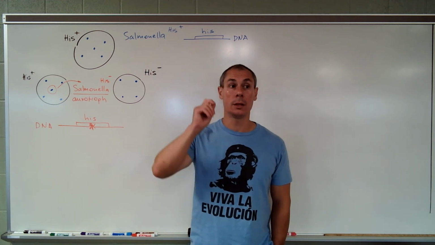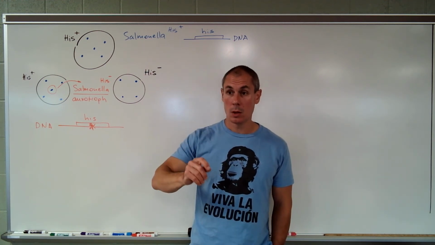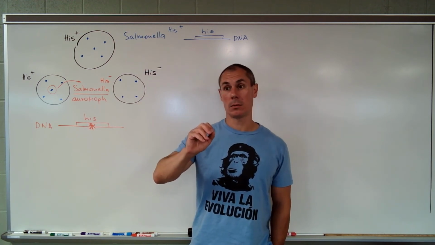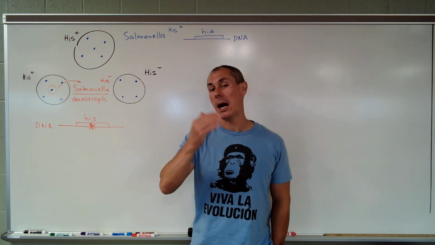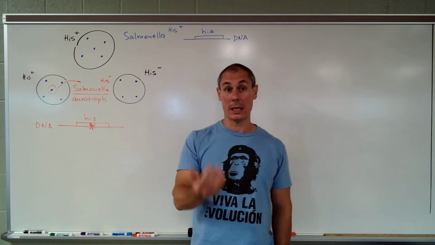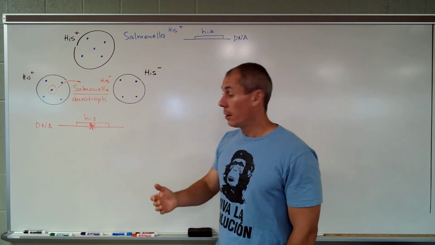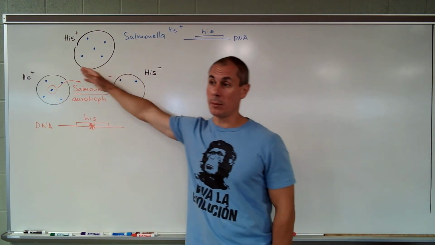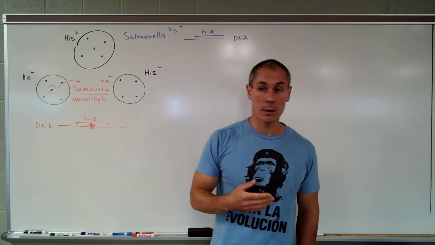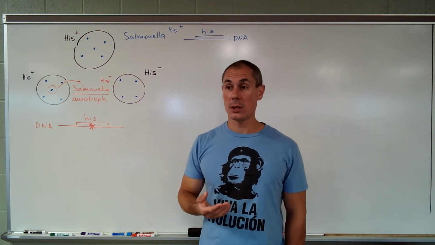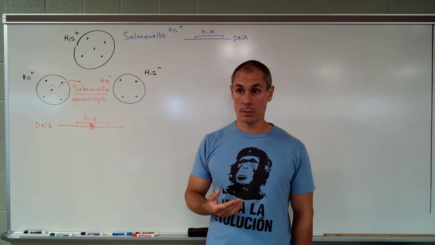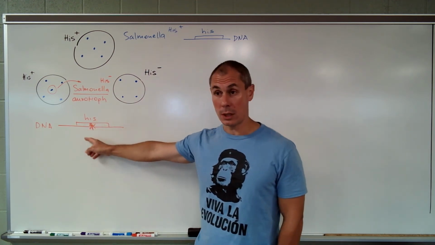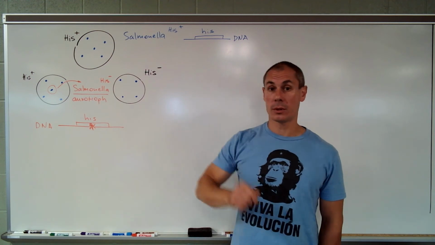Now, a really important statement, which I ask you to either agree with me or not. If I expose this DNA, this salmonella, to some kind of a mutagen, there is a non-zero chance that in some cells, this mutation will be reverted back to normal.